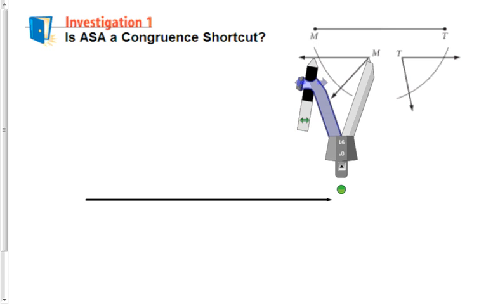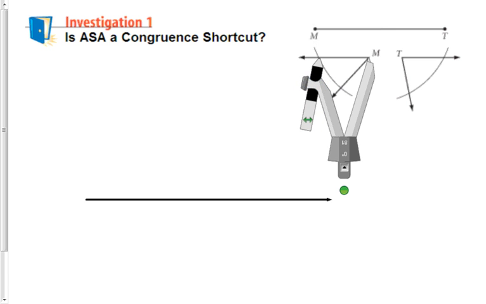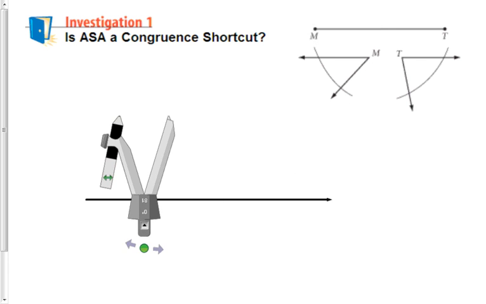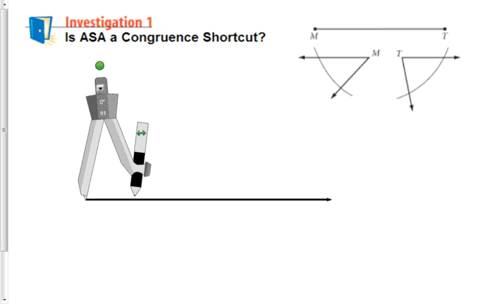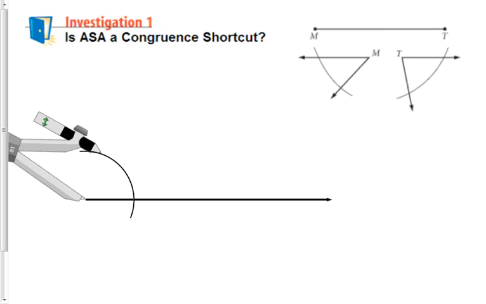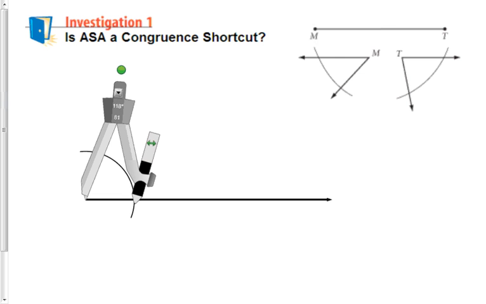That looks about as good as I'm going to get with this software. So then I bring it down here. Flip it over. Put my compass on the endpoint of the ray. And I'm going to strike that arc. That's the same arc as is on angle M up there.